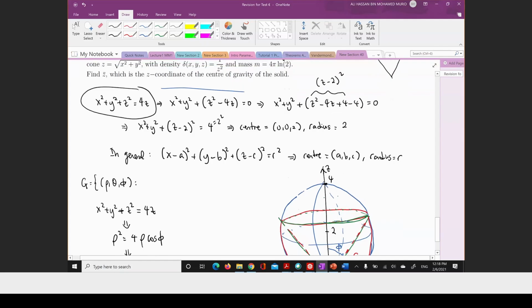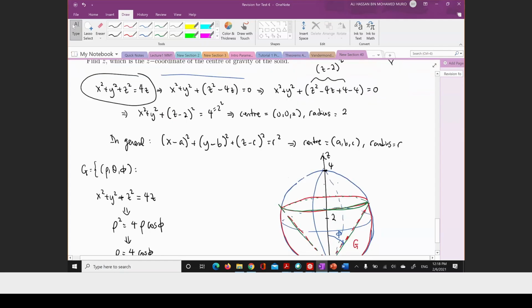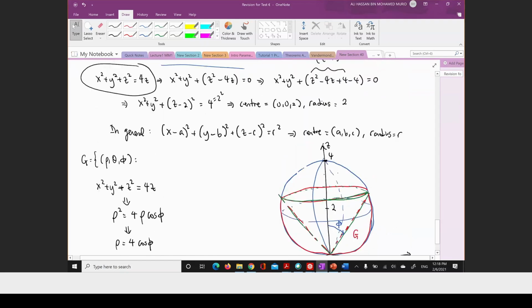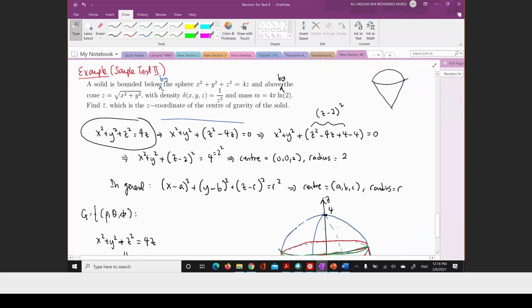Oh, yeah, it is an ice cream cone actually, right? I got the question here. It is bounded below the sphere, not by the sphere, and above by the cone. Yes, you're right.